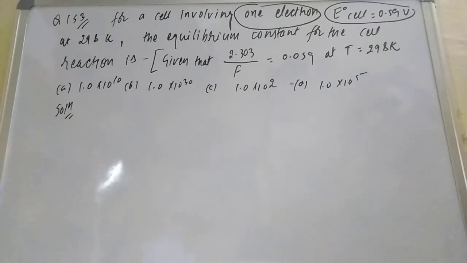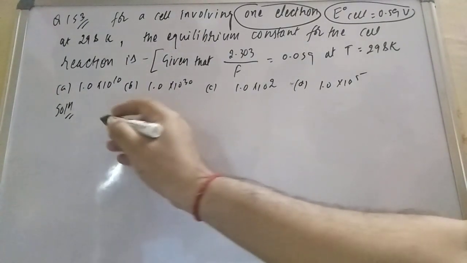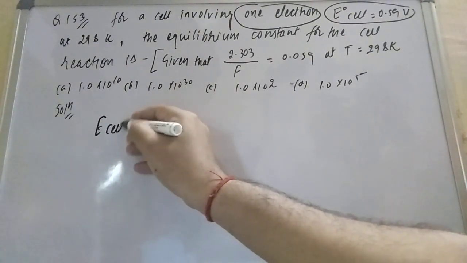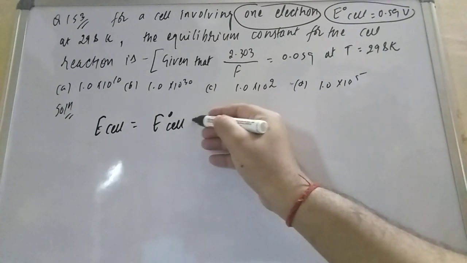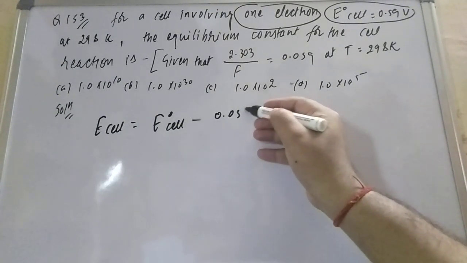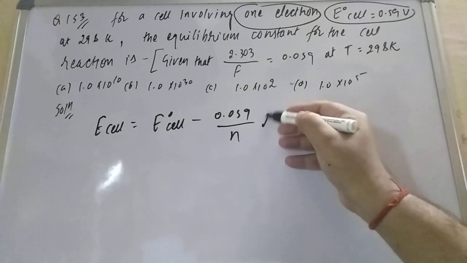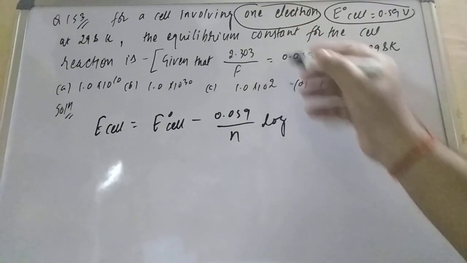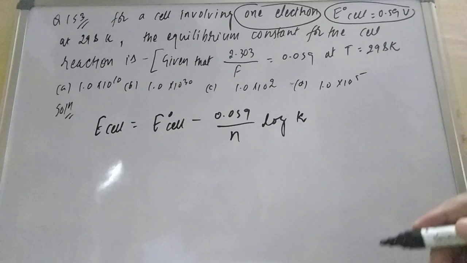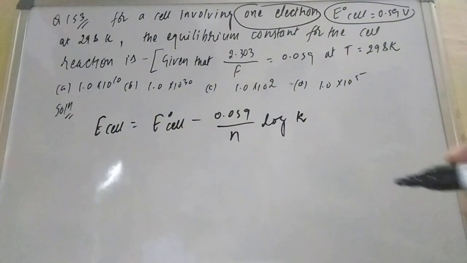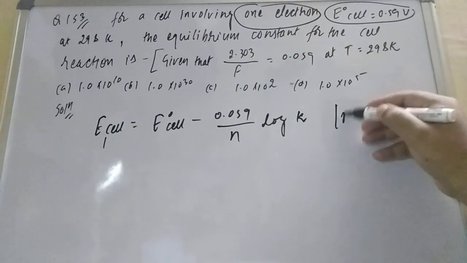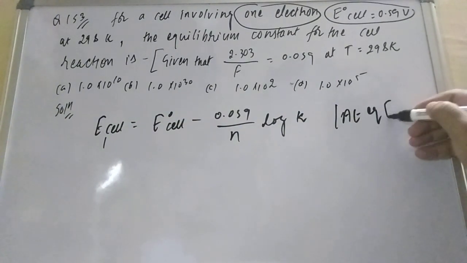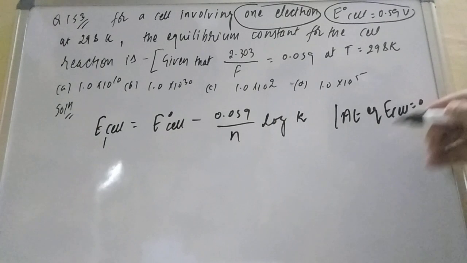The equilibrium constant for the cell reaction is, we know the Nernst equation, E cell equals E naught cell minus 0.059 upon n log K, where K is the equilibrium constant. Dear student, what they are saying is that at equilibrium, E cell equals 0.